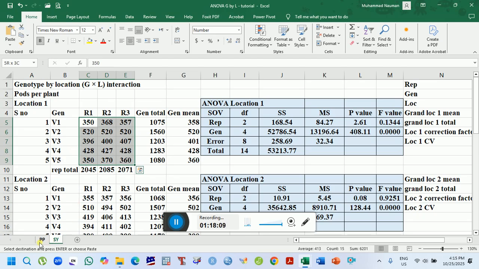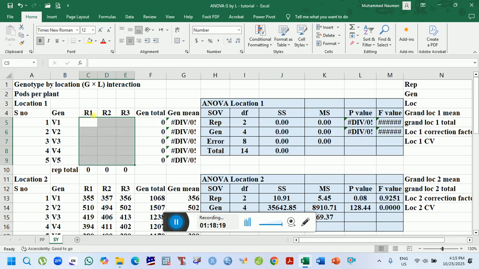This sheet is for pods per plant, and this sheet is for CDL, and you can calculate as many traits as you want. So remove only this rep 1, rep 2, rep 3. Do not disturb any other cell. The rep 1, rep 2, rep 3 data can be entered manually, or where you have saved it, just copy and paste it from there.